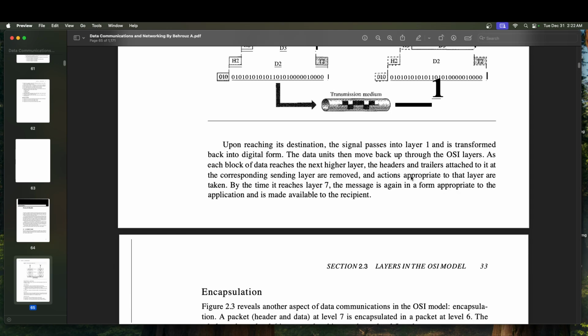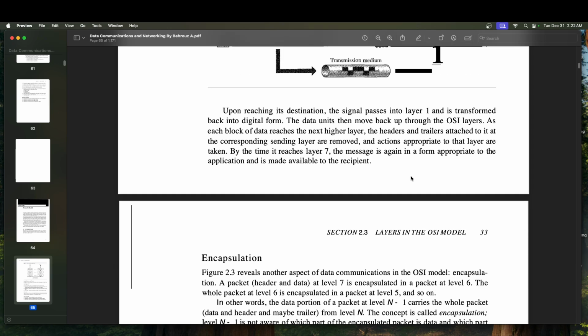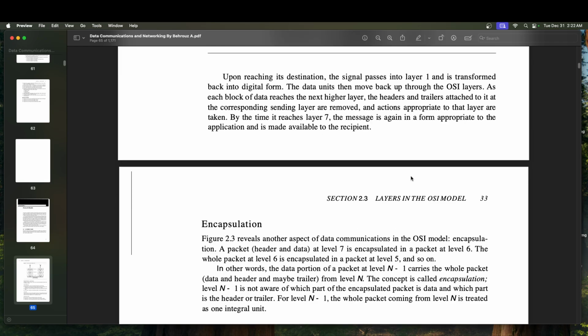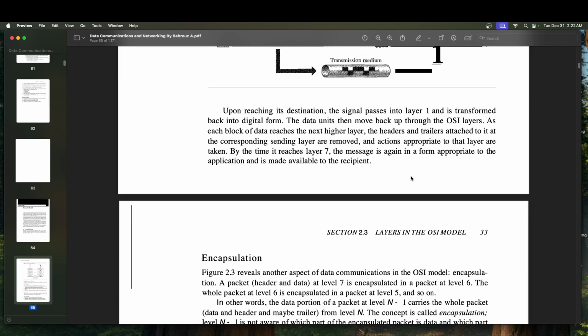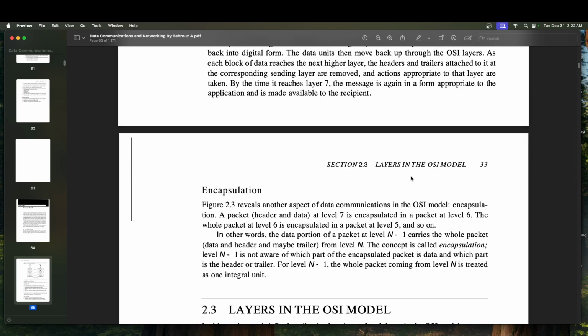Okay, now encapsulation. Figure 2.3 reveals the information flow of data communication in the OSI model. Initially it is a packet and a header. At layer 7, it's encapsulated in a packet. At level 6, the whole packet from level 7 is encapsulated. In other words, the data portion of a packet at level N-1 carries the whole packet from level N, and this concept is called encapsulation.